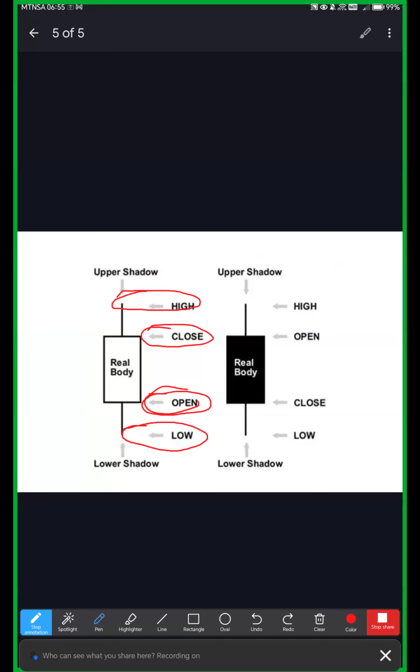Not forgetting that there is a body of the candle. In other scenarios, you will find candles that do not have bodies. You are going to see them; we're going to establish them together. But these are the main parts of a candlestick.